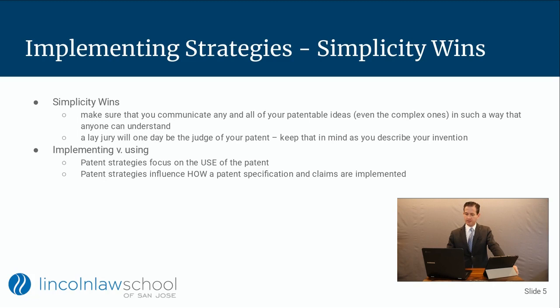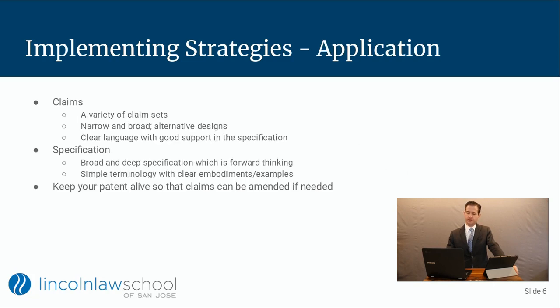And we have discussed implementing versus using as well. So the application, some other things that you can look at, claims. You can look at what type of claim sets are actually implemented. Is it a method claim? Is it a system claim? Is it a computer product type claim? All these types of claims allow infringement from different angles. So a method claim would be looking at a method of using the patented invention.